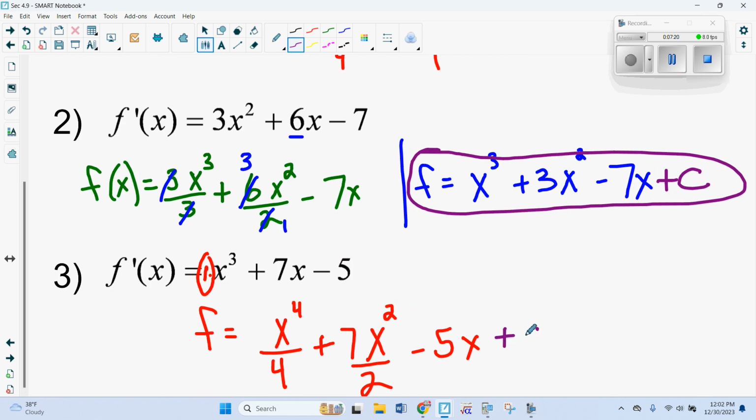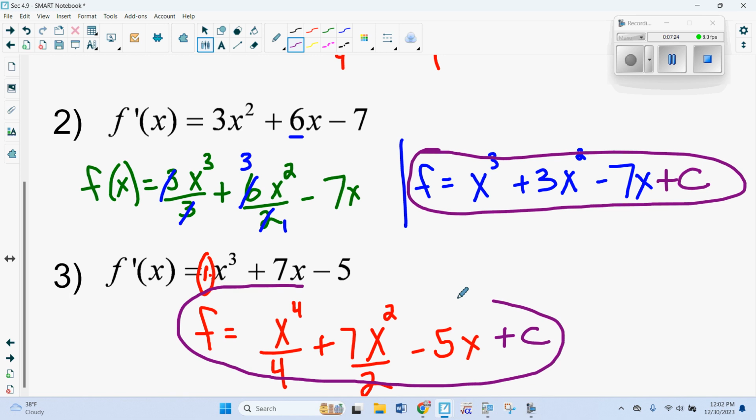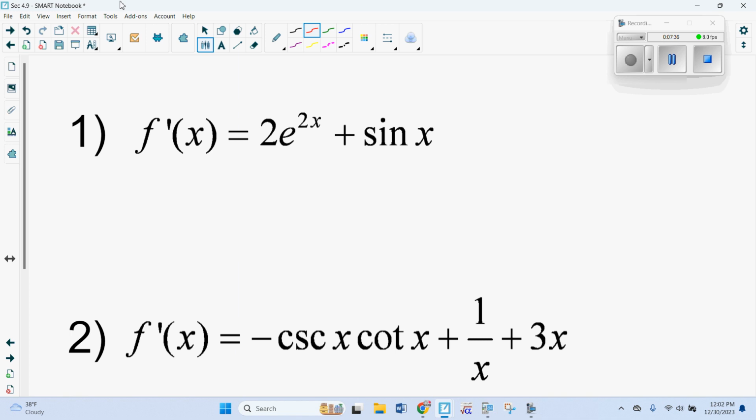Antiderivative plus c. So that number could be any constant. We don't know what it is, but we always have to take, when we find all possible antiderivatives, we have to include plus c. All right, let's look at some more.